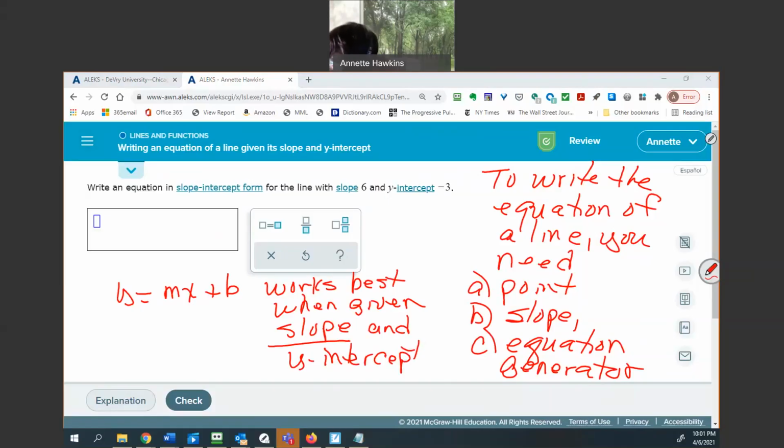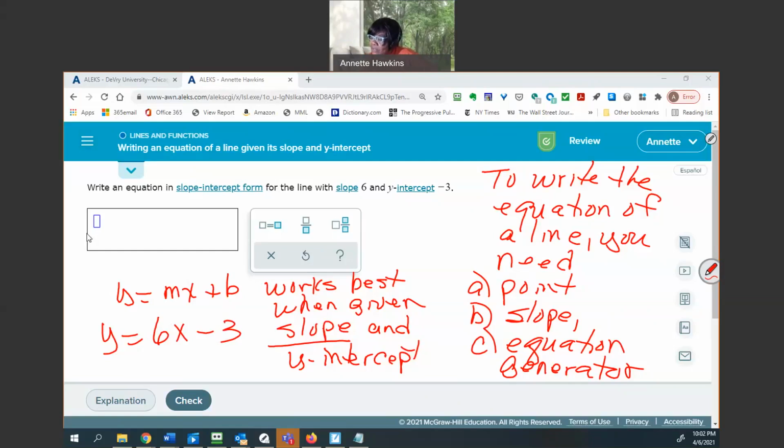Okay? And we are. The slope is 6 and the y-intercept is -3, so we just plug in y equals, the slope is 6, m stands for slope, and the y-intercept is -3. Sometimes you're not given the y-intercept, and sometimes you're not given the slope, and you have to find it.